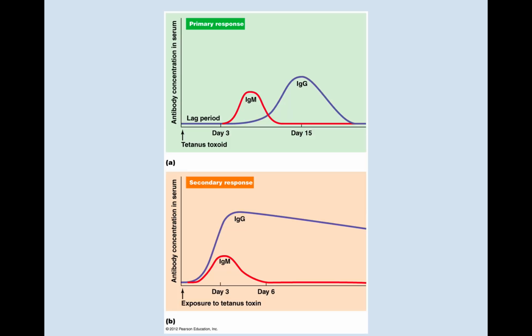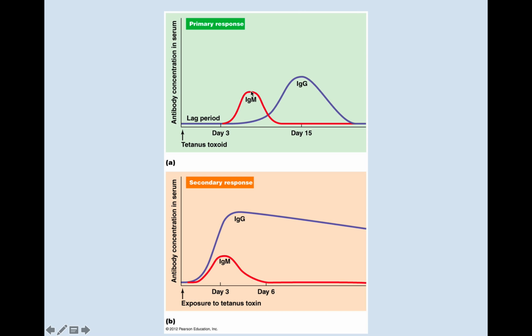Now, switching gears to the third portion of the chapter, which would be applications of the immune system. The whole point of the immune system is to gain memory and ward off the antigen. So in a primary immune response, at 3 days, we start to see a little bit of IgM.